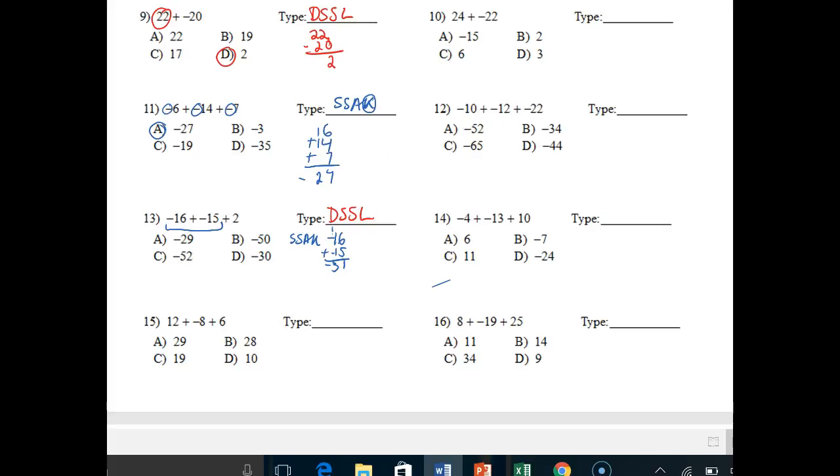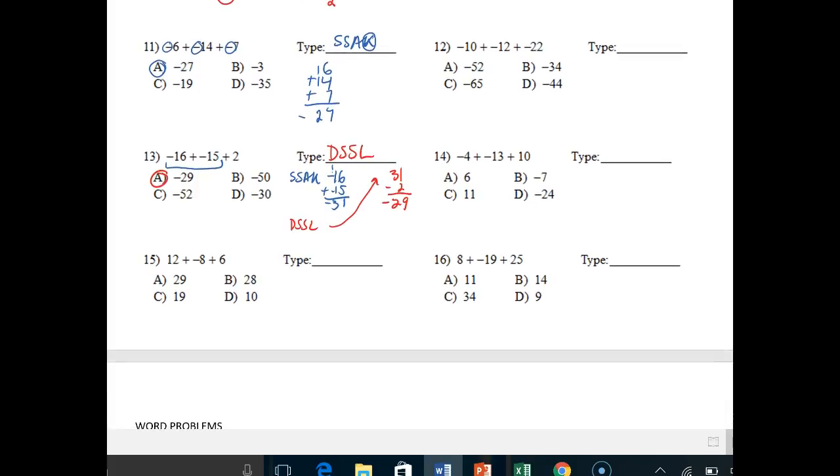Then you're going to go ahead and do the DSSL part, which is, okay, I have negative 31 and I want to do minus 2, so I'll say just 31 minus 2. So 31 minus 2 gives me 29. My answer is negative 29 because I had more negatives, right? This whole thing was negative 31, right? I had 31 negatives and 2 positives. My answer should be negative 29, A. That's a tricky one. You got to do it in 2 parts.